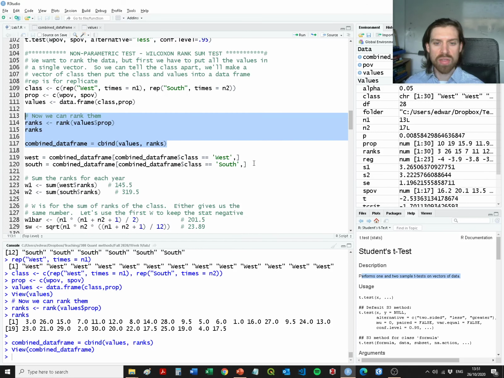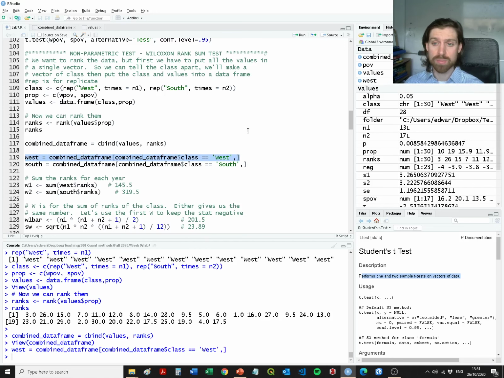Great, so now that we've done that, we can separate out those rows that we are interested in for the specific regions. Here we have the combined data frame. This is all of our data, and what we're saying is subset: the name of the data frame, then you open a square bracket, and then we say give me all of the rows, that's what the comma means, where the class is equal to West.